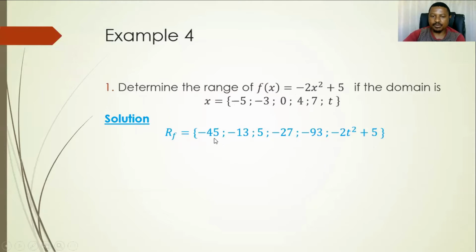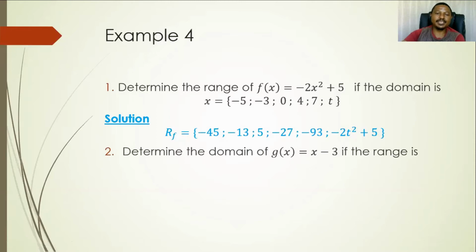Your range will be -45, -13, 5, -27, -93, and then when we substituted t, we got that the corresponding y value is -2t squared plus 5. So that would be the range for this function.